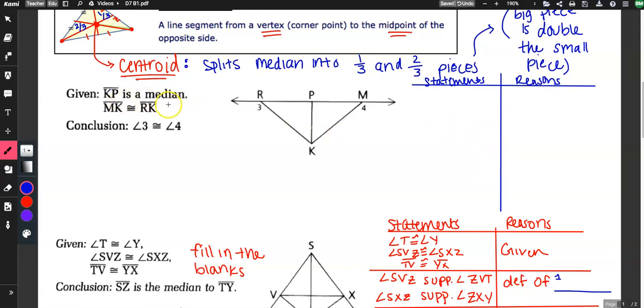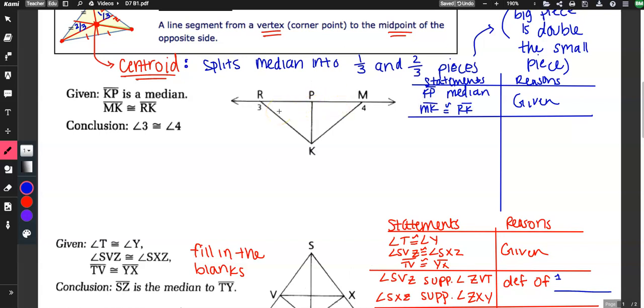So it says KP is a median, MK is congruent to RK. So let's start with that. KP is a median, and MK is congruent to RK. Those are given, and then we'll label our picture.